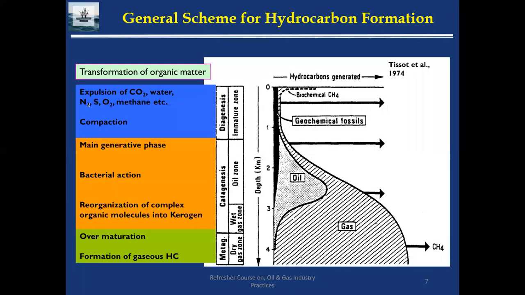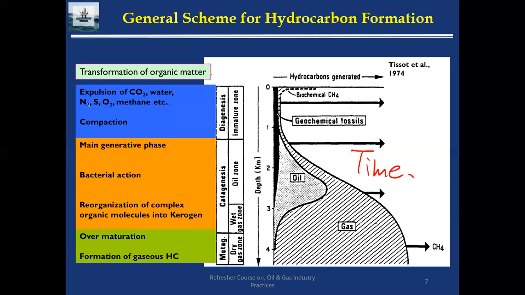So these are the various changes that the hydrocarbons, or the various organic compounds, undergo when there are changes in pressure, temperature, and alongside depth. Yes. And then again, we should never forget time, right?